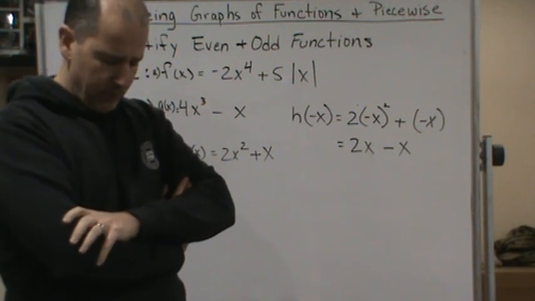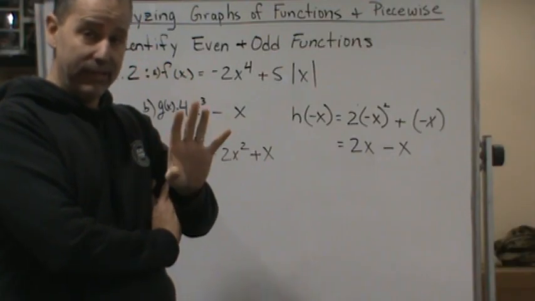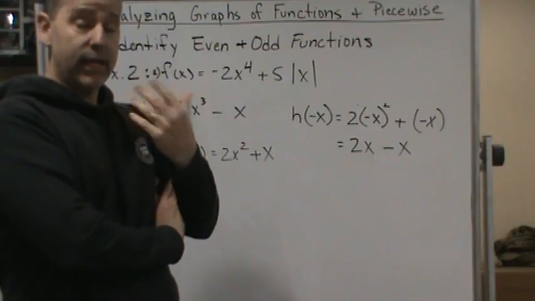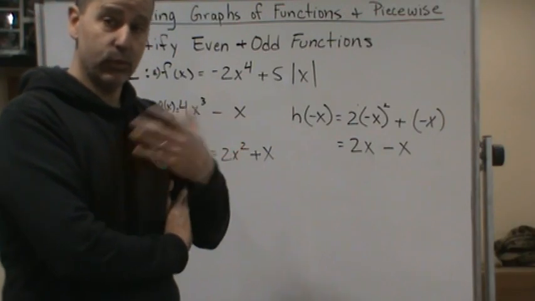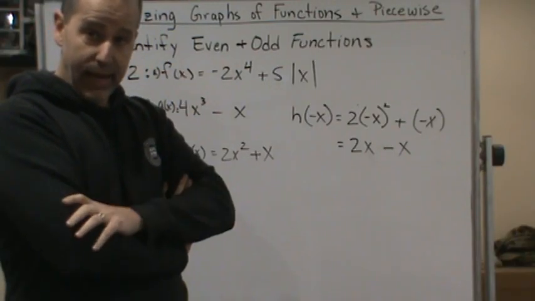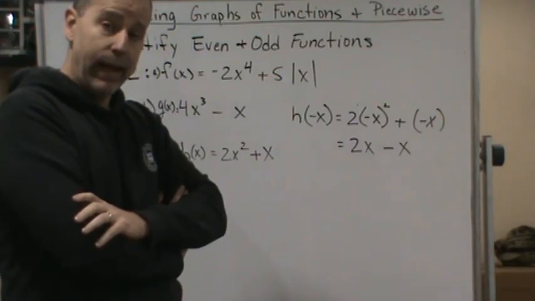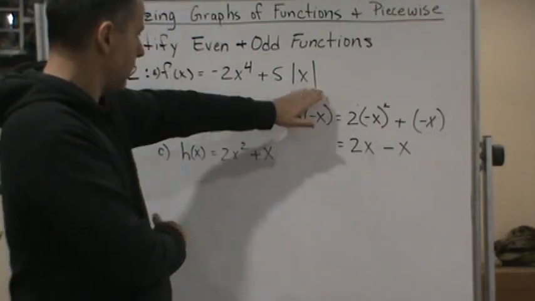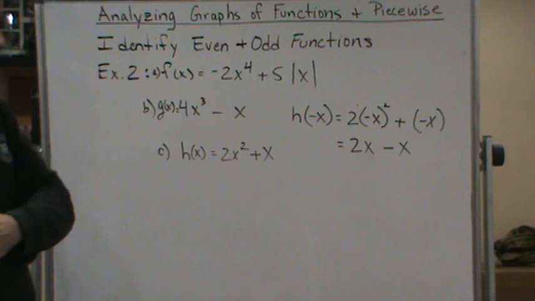But if all of the exponents on the variables are even, then you have an even function. If all of the exponents of the variables are odd, then you have an odd function. If you have a mixture of even and odd exponents, then you're going to have neither odd nor even. And of course, including the absolute value, which is always positive too, that'll be even.